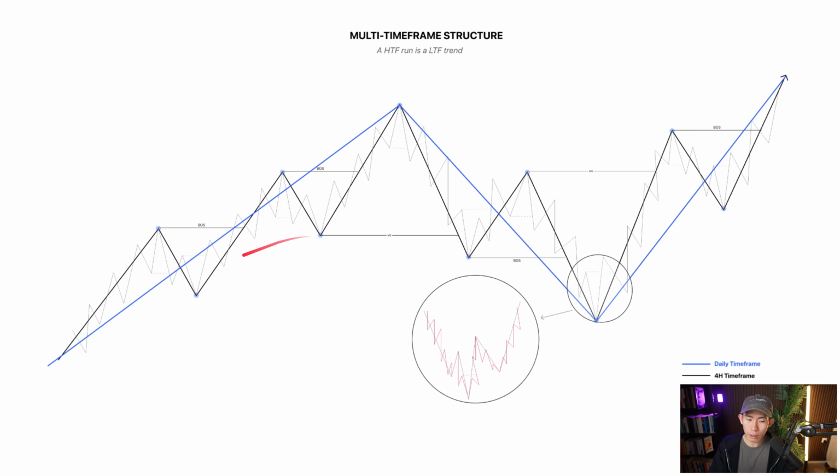And then within the 4-hour time frame run, right, which is this push to the upside, push back, and then push to the upside and push back, if you look at each one of these legs, it also further comprises trends that are going on the lower time frame, perhaps on the 15-minute time frame itself, right? So if you look at this right here on the 4-hour time frame, it might look like a straight line just like this.